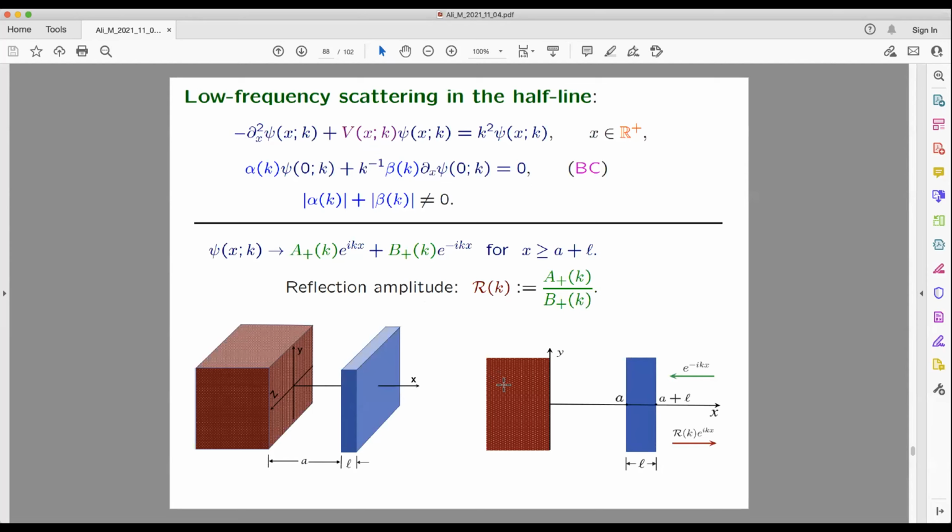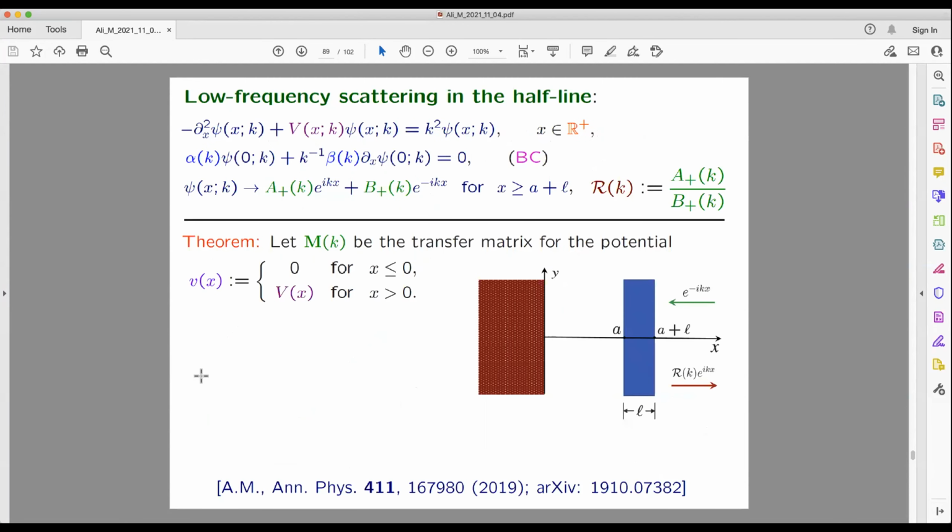You don't know what it is. The only information you know is its response at x equal to 0. So this red box means I have something. Maybe it's a perfect conductor, so I have a Dirichlet boundary condition, or another material so that I have some response through this boundary condition at x equal to 0. And again, I have my slab at a distance a from this yz plane.